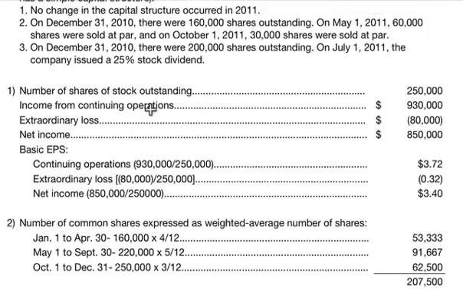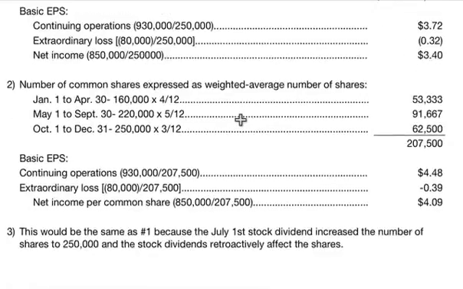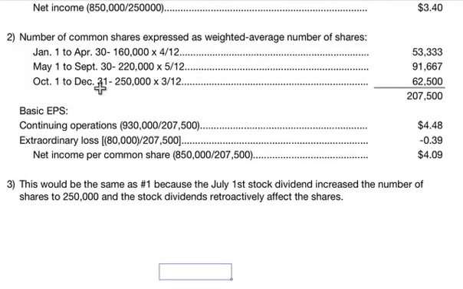Then we added 30,000 more shares on October 1st. So from October 1st to December 31st, we had 250,000 for 3 months. 250,000 times 3/12 is 62,500. Add those up, and your weighted average number of shares is 207,500.